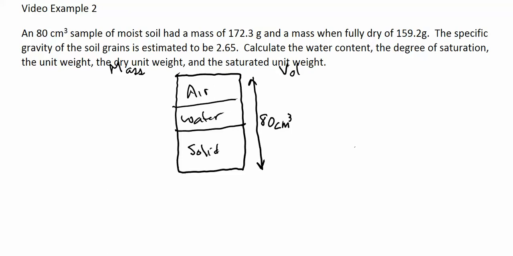We were told that the mass of the sample when dry was 159.2 grams, and we can calculate the mass of the water as 172.3 grams when wet, minus 159.2, to give us a mass of water equal to 13.1 grams.